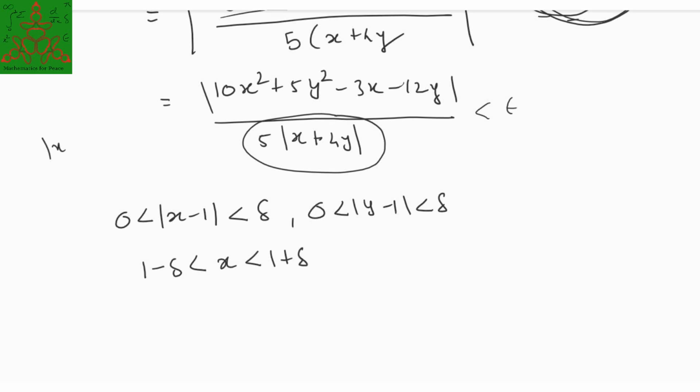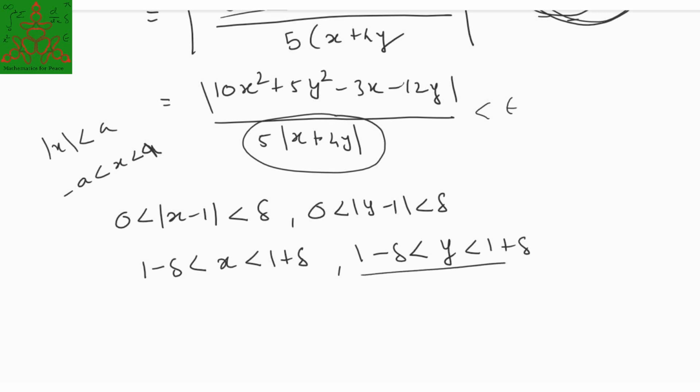Due to modulus of x less than a, you can say that x is between minus a and a. Here also we have the same thing: 1 minus delta is less than y less than 1 plus delta. Now what we need is x plus 4y. So you multiply this inequality by 4, so you'll have 4 minus 4 delta less than 4y less than 4 plus 4 delta.